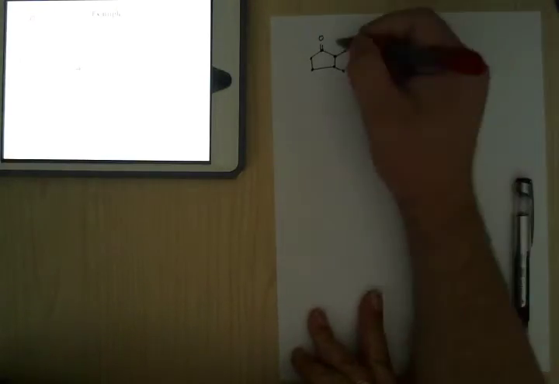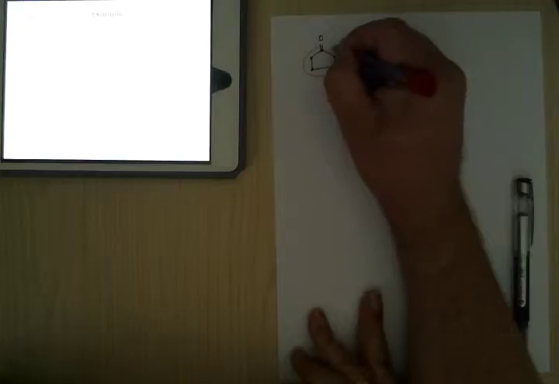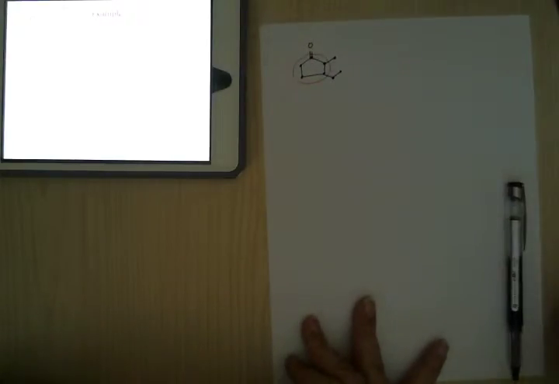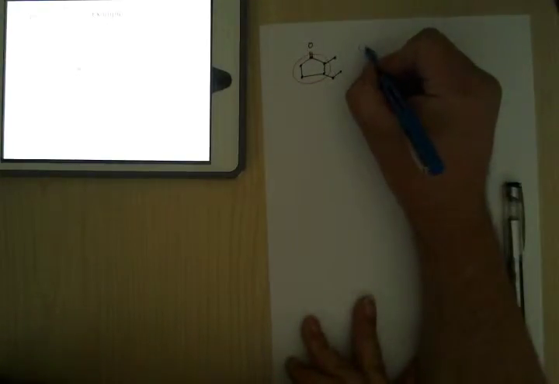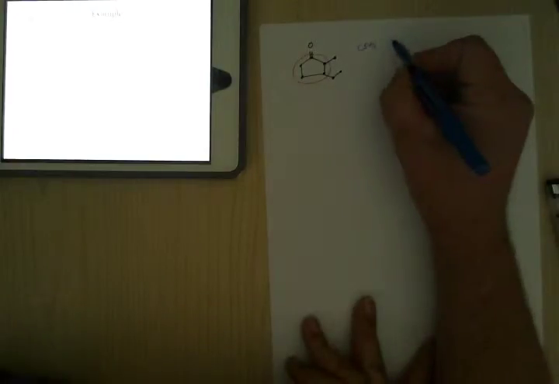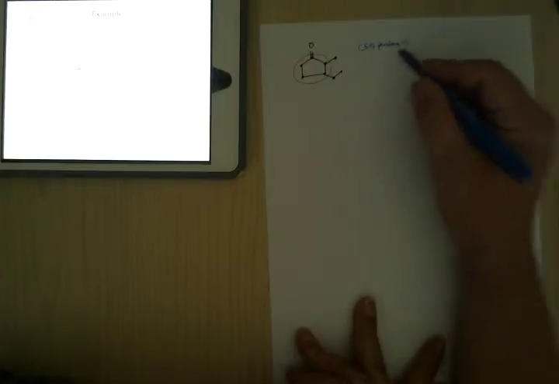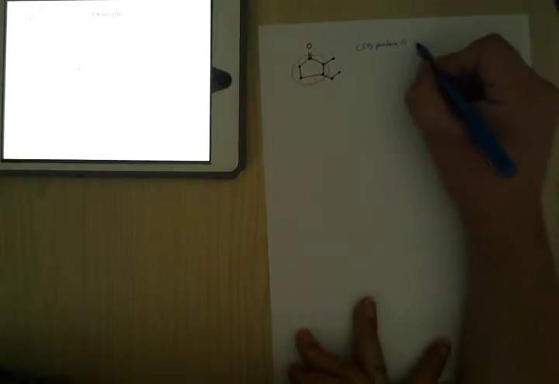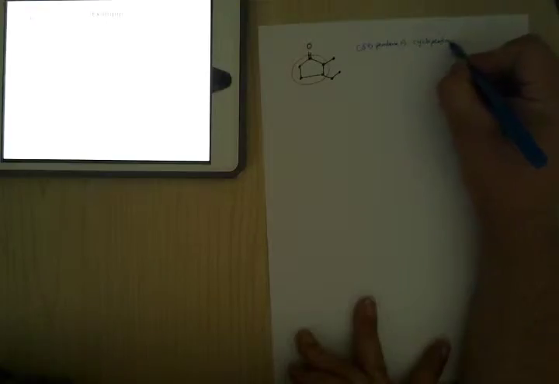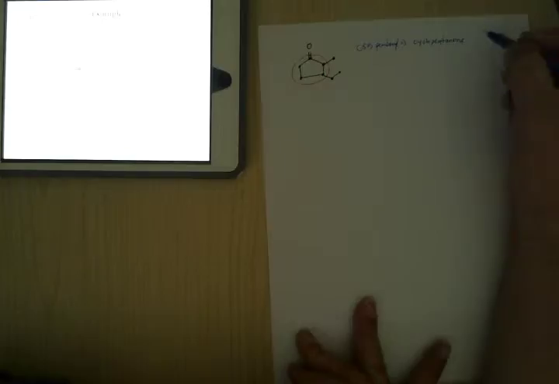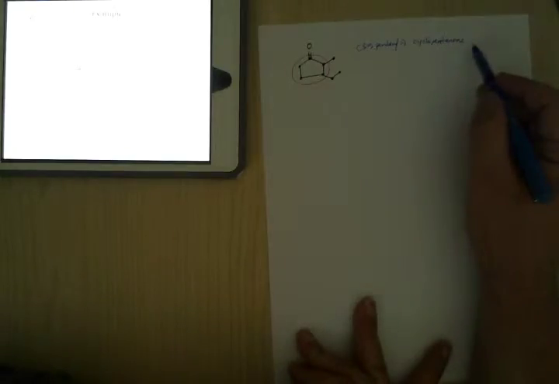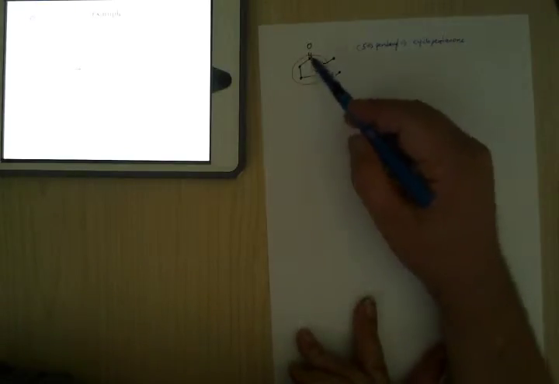So our main chain is this. It'd be C5, which would normally be pentane, but it's a ring, so we say cyclopentane. Then we take off the E and put O-N-E there. So it's cyclopentanone. That's the main chain.